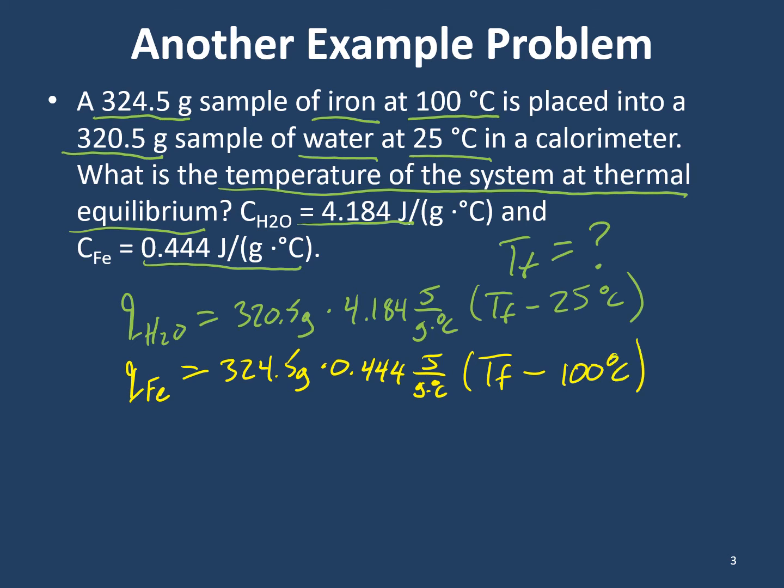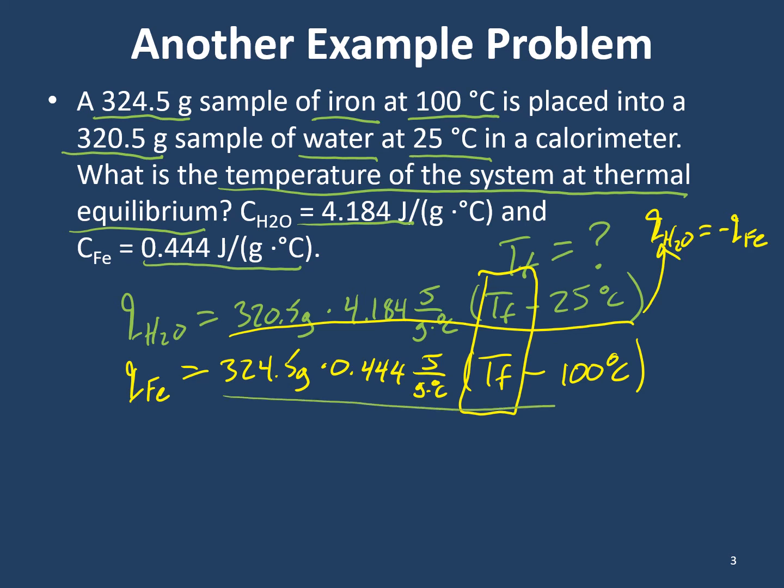So again, we don't know these two values yet for T final, but the nice thing about this is these two T finals are going to be equal to the same value because the systems reach thermal equilibrium, and that's what that means. Now what I can do is I can say, hey, Q of H2O is equal to negative Q of Fe. And plug in this whole thing for Q of water and this whole thing for the Q of the metal.